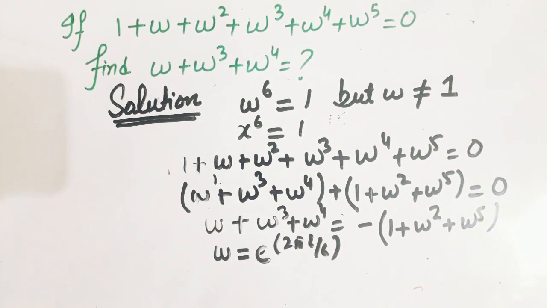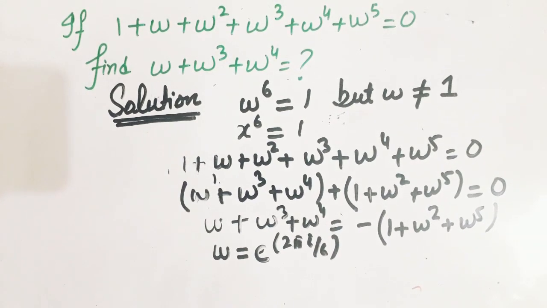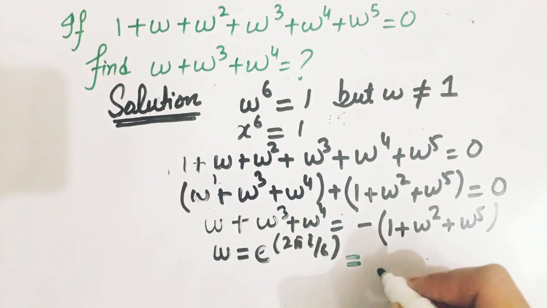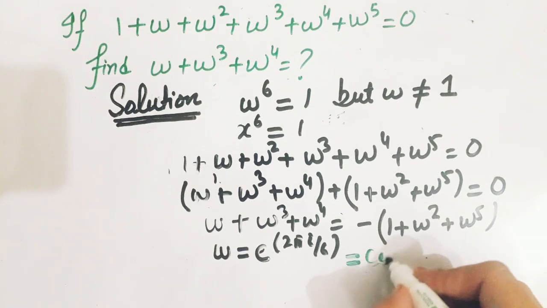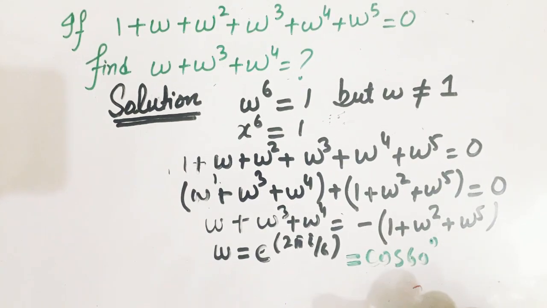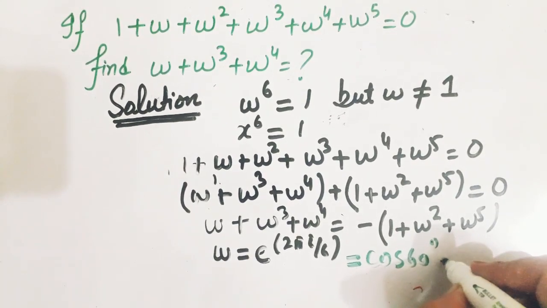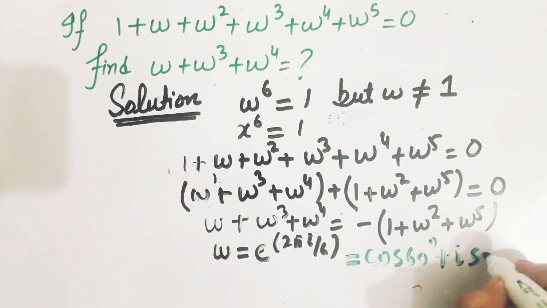So when we write this, it will be equal to cos 60 degrees plus iota sine 60 degrees.